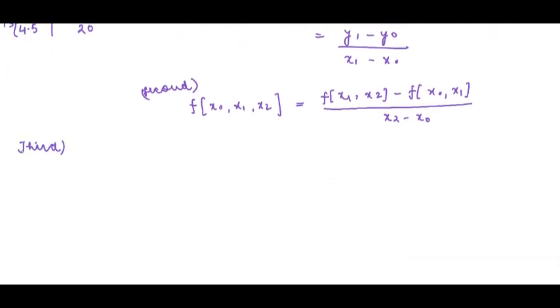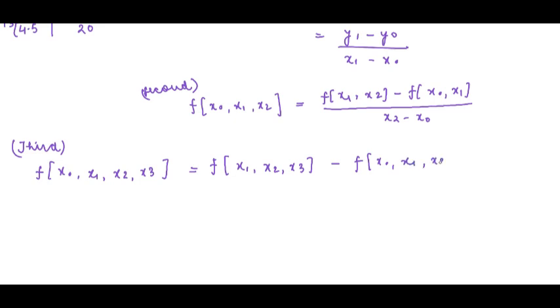And this is a very common mistake. Similarly, we get f[x0, x1, x2, x3] as f[x1, x2, x3] minus f[x0, x1, x2] divided by x3 minus x0.